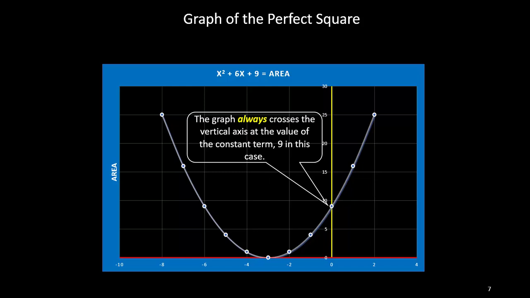Finally, the parabola crosses the vertical axis at the value of the constant term in the equation. You've heard it called the y-intercept, and in this case, for this equation, the y-intercept is positive 9.